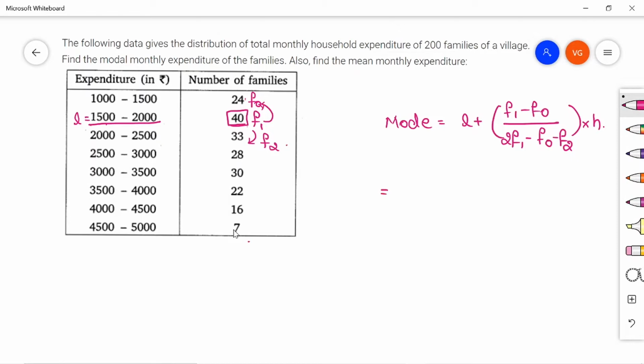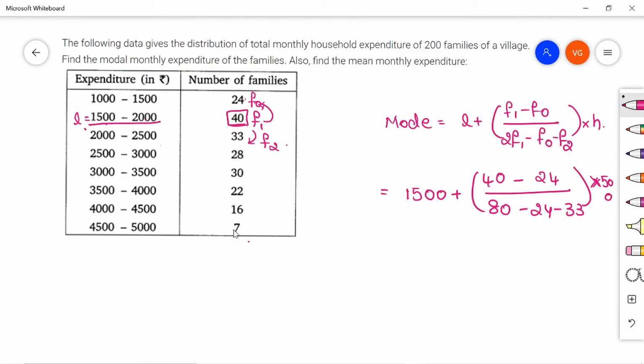So from the data given, the mode is 1500 plus (F1 is 40 minus F0 is 24) divided by (2 into 40, 80, minus 24 minus 33), multiplied by the class size 2000 minus 1500, that is 500.